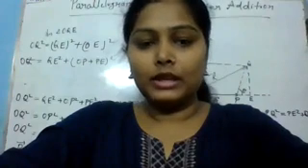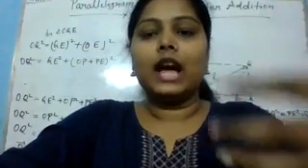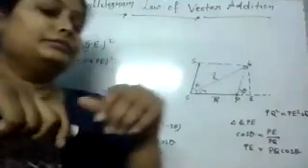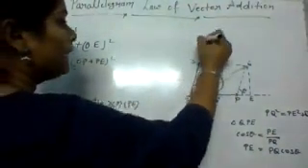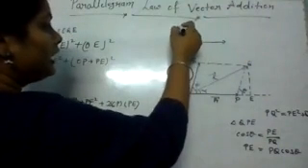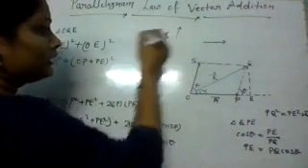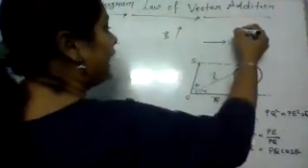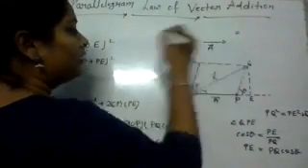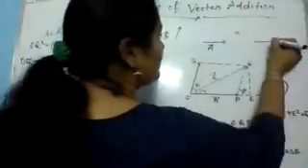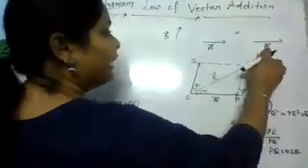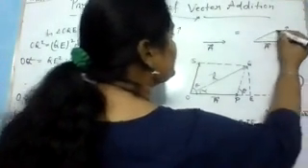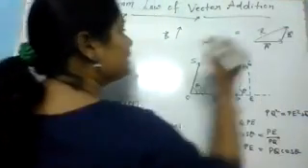Now, first we will see how we can represent vector addition in a graphical method. If I have two vectors, this is A vector and this will be your B vector. I represent the addition of the two vectors: this is A vector, this is your B vector, and this will represent the resultant.